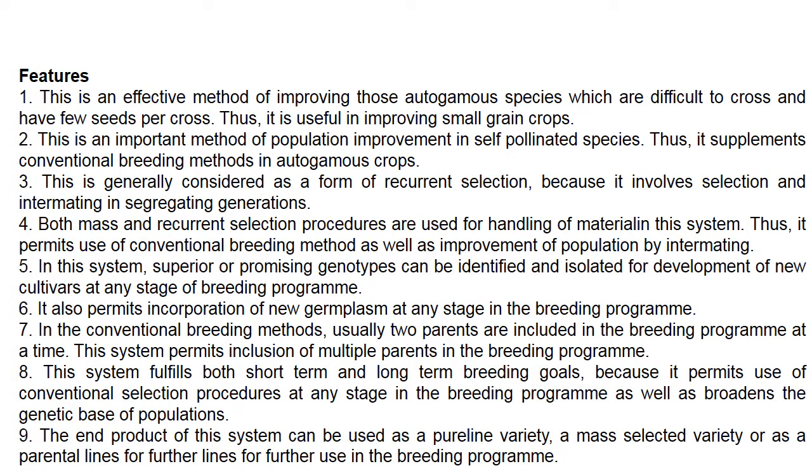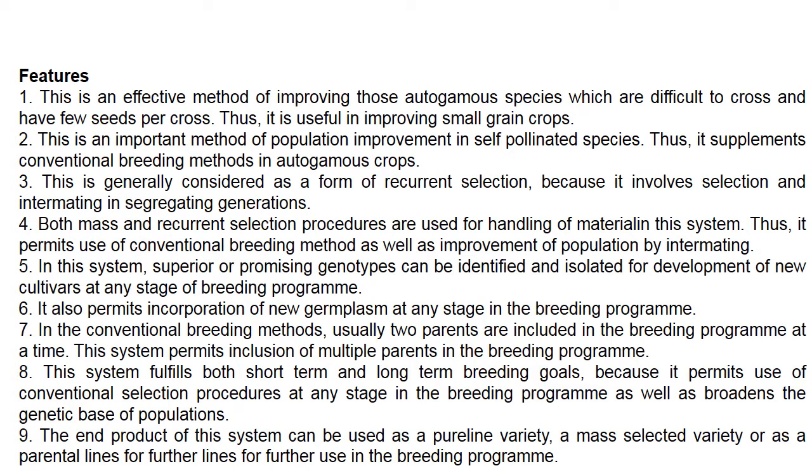It is generally considered a form of recurrent selection because it involves selection and intermating in segregating generations. Both mass and recurrent selection procedures are used for handling material of this system. Thus, it permits use of conventional breeding methods as well as improvement of population by intermating.